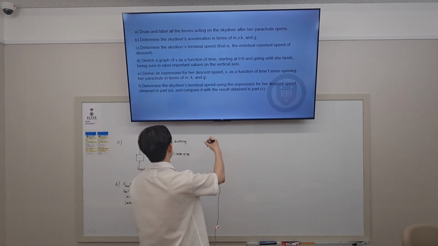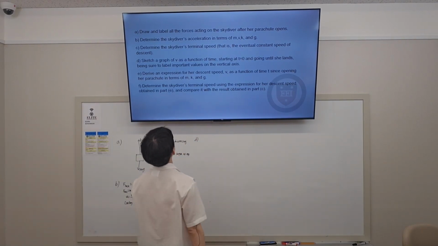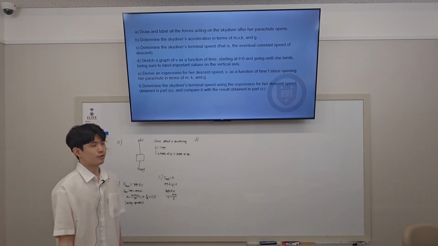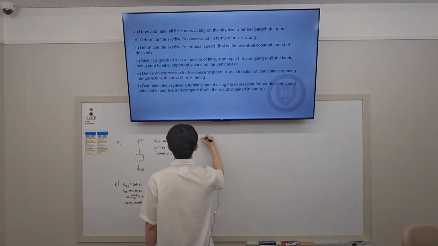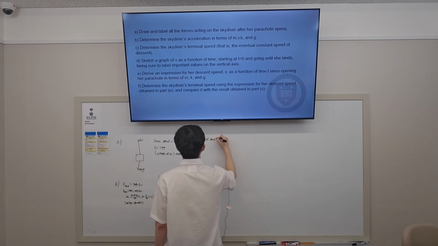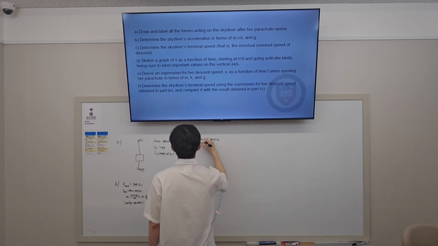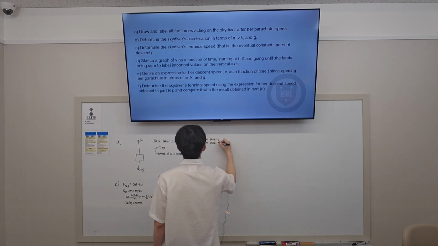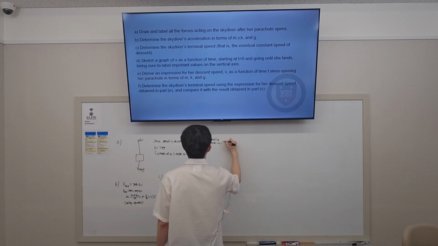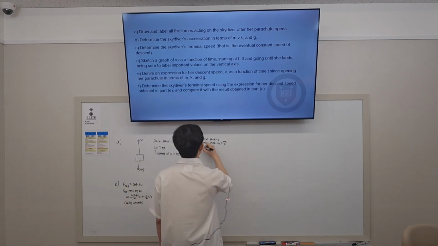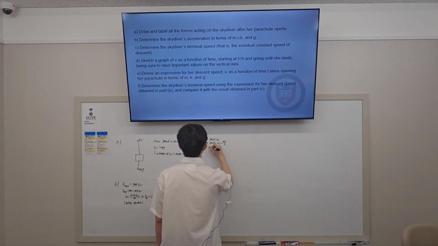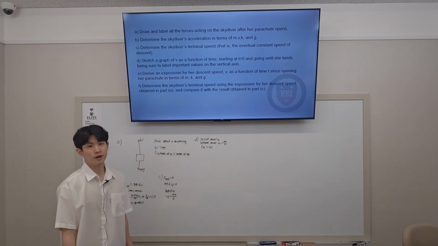Okay, then let's do D. So we have to sketch a graph of v versus t. Before we do that, we know that the initial speed is v naught, and the terminal speed, denoted as Vt, is equal to mg over k, right? And of course, v naught is bigger than Vt because the speed is decreasing here.